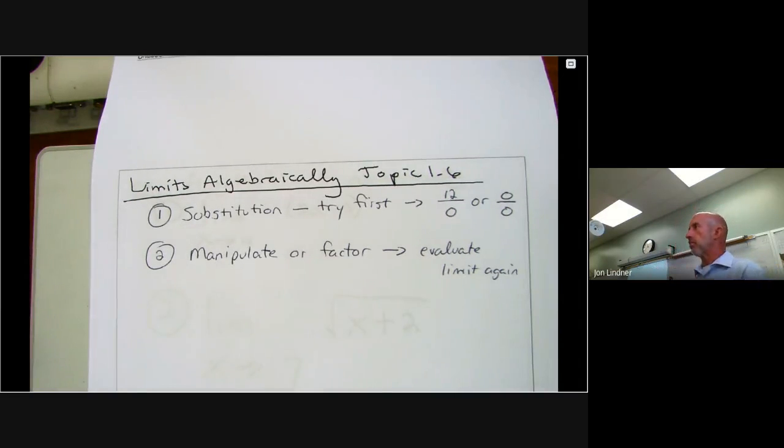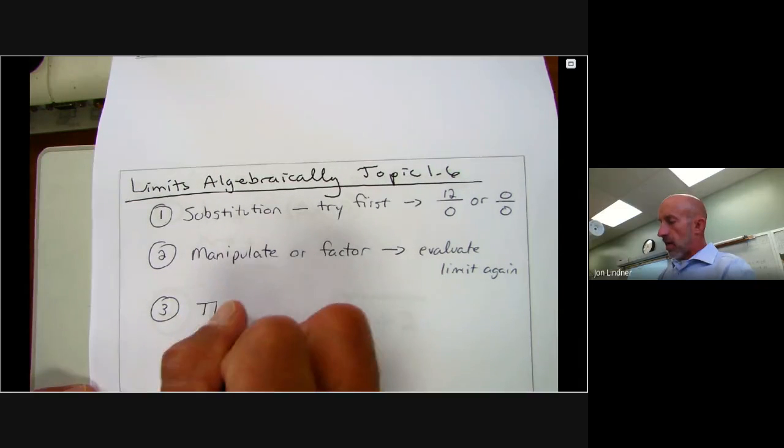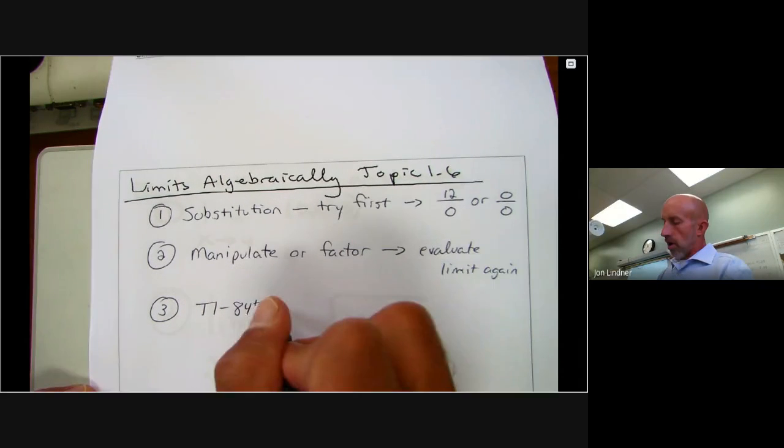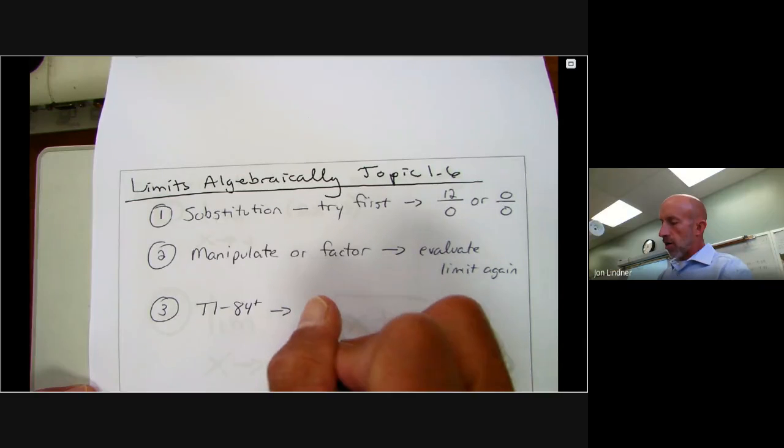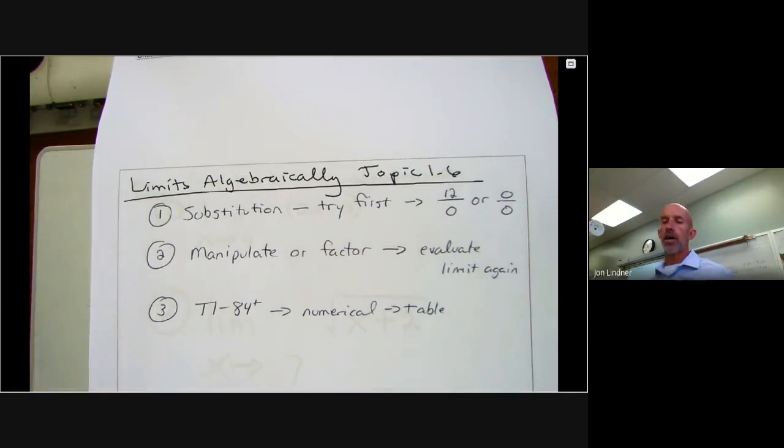And sometimes even this will fail us, and we will have to resort to the TI-84 or something numerical like a table.